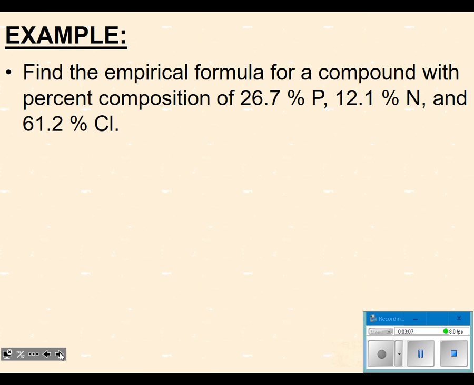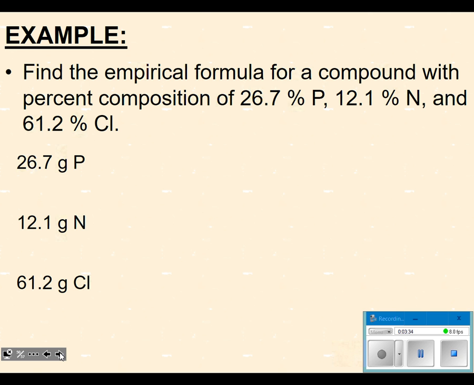All right, so find the empirical formula for the compound with the percent composition of 26.7% phosphorus, 12.1% nitrogen, and 61.2% chlorine. We're going to change all those percentages to mass, like our first statement says. So that percent sign becomes a gram sign: 26.7 grams of phosphorus, 12.1 grams of nitrogen, and 61.2 grams of chlorine.